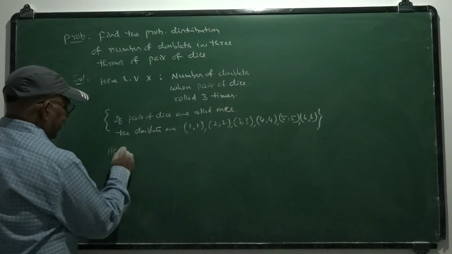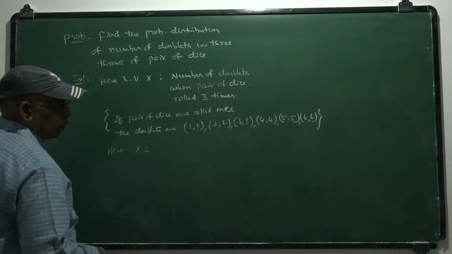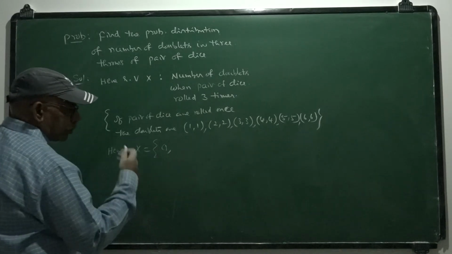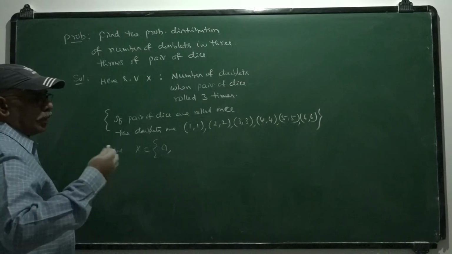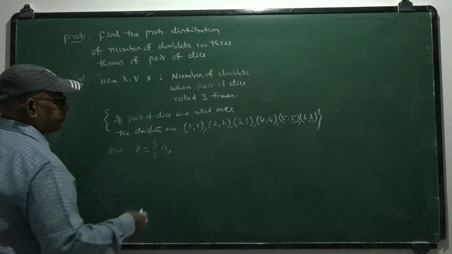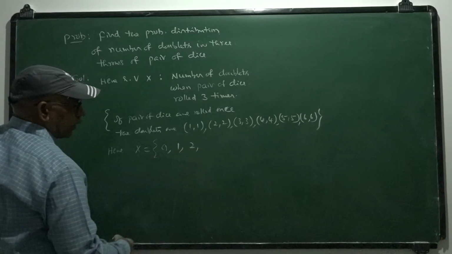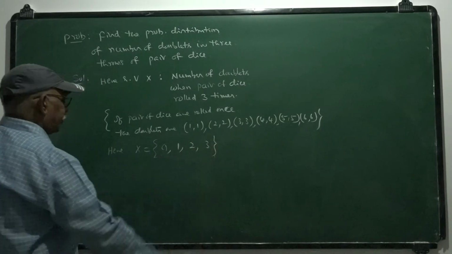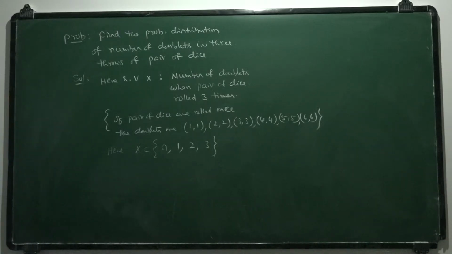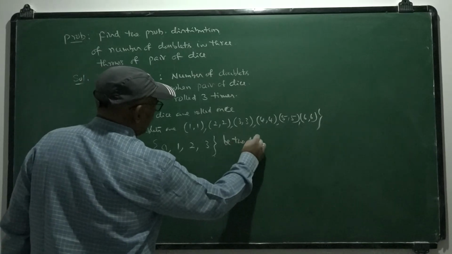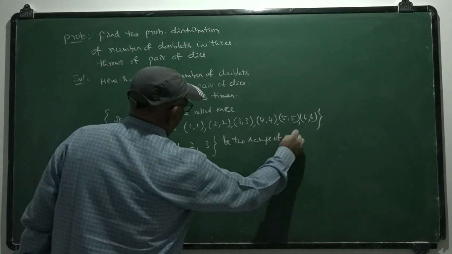Here x may take the values: the number of doublets is either 0, no doublet once a pair of dice is rolled 3 times, or only once we get a doublet, or twice we get a doublet, or thrice we get a doublet. So x may take the values 0, 1, 2, 3, which is the range of the random variable.